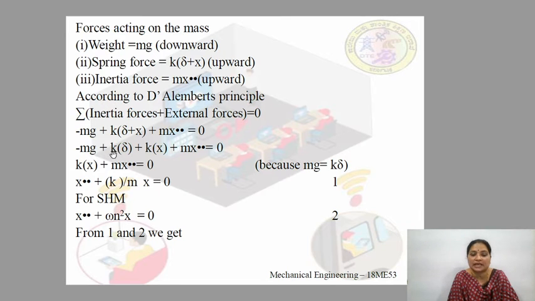So they cancel with each other, and we are left over with kx plus mx double dot is equal to 0. Now the above equation can be written as x double dot plus k by m into x equals to 0. So the terms have been rearranged properly, and let me call this equation number 1.